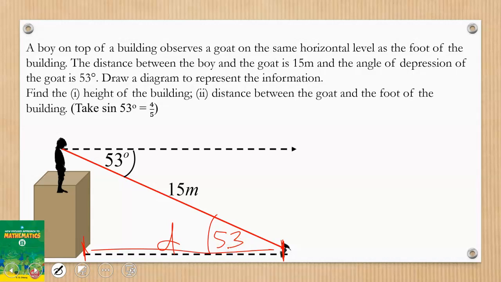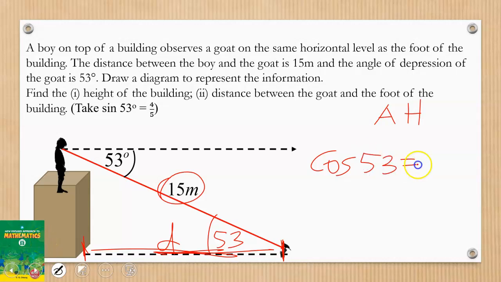Since we want to find D, and D represents the adjacent side of the angle, and we also know our hypotenuse, it means we need CAH, so cos 53 should be equal to adjacent, that is D, over hypotenuse, which is 15. But unfortunately, we don't have cos 53 given to us in the question, like they gave us the sine. And so it won't be appropriate to use the cos.